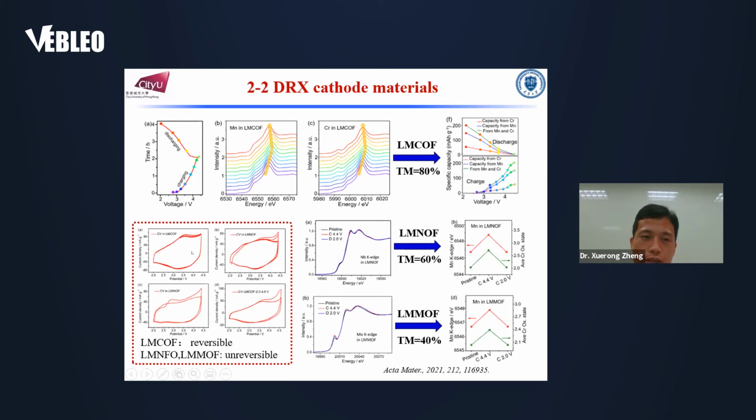And then we characterized the CV to analyze the oxygen redox. We find that in the LMCOF, the transition metal redox occurs at a higher voltage, but in the LMNOF and LMMOF, the transition metal redox occurs at a relatively lower voltage position.